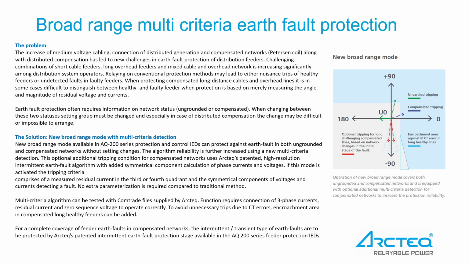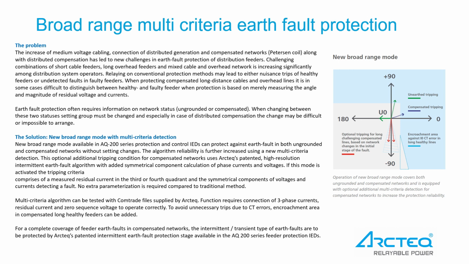When protecting compensated long-distance cables and overhead lines, it is in some cases difficult to distinguish between healthy and faulty feeders when protection is based on merely measuring the angle and magnitude of residual voltage and currents.